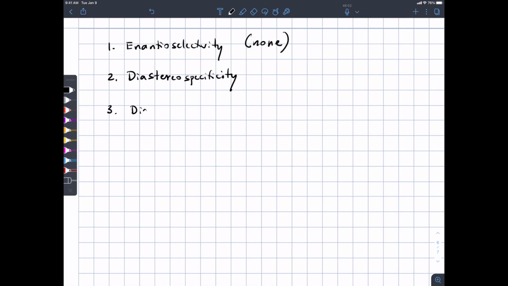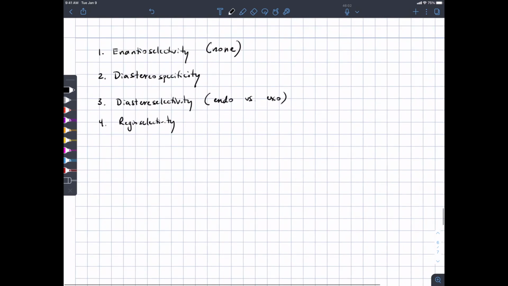We're going to talk about another issue called diastereoselectivity, and this has to do with something called endo versus exo. And then finally, we will talk about regioselectivity. So, enantioselectivity, can you get one enantiomer over the other? And the answer is no.